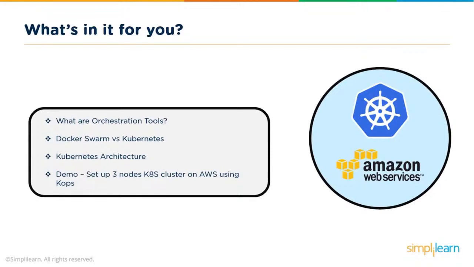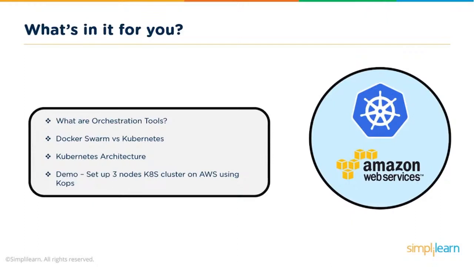After that, I will pick two orchestration tools specific to container management, Docker Swarm versus Kubernetes. I'm going to compare them with regard to the features that they provide, the use cases that they cover, what facilities they provide, and when to use what. After that, I will get into a little bit of detail on the Kubernetes architecture, what exactly is required for setting up a Kubernetes cluster, what runs in a control plane or a master node, and what runs as a part of the worker node.